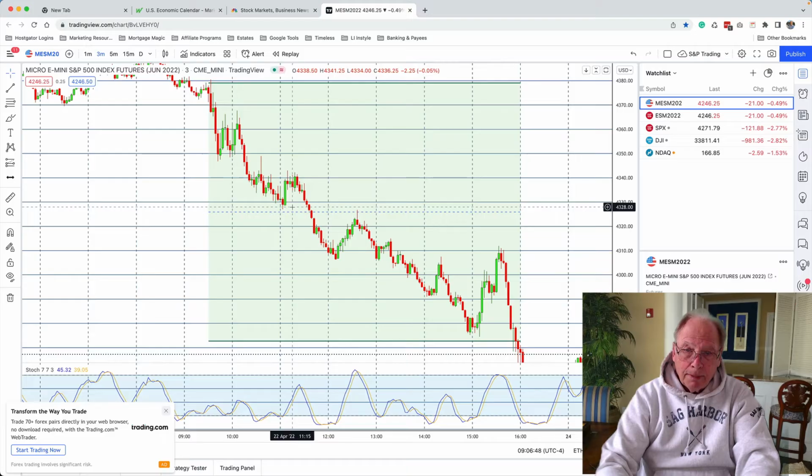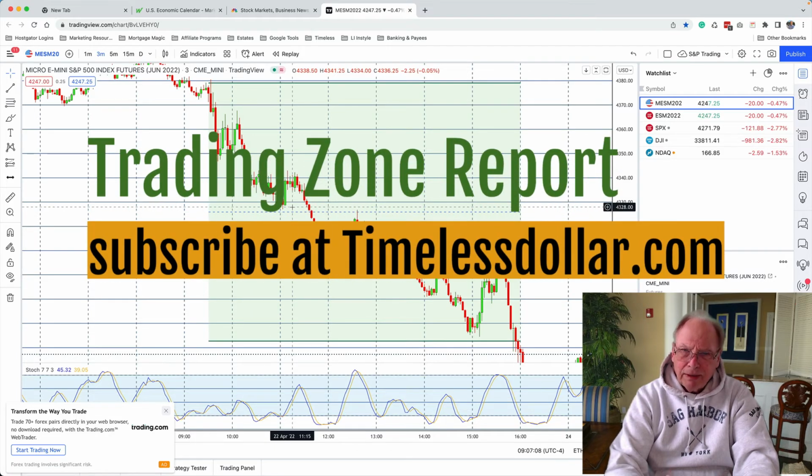The bigger question of placing the stop is, on what basis are you making the trade? As I reference these 4 trade setups, there's also a bigger picture in mind. And I use a trading zone that I calculate every day. And that trading zone is fairly accurate.